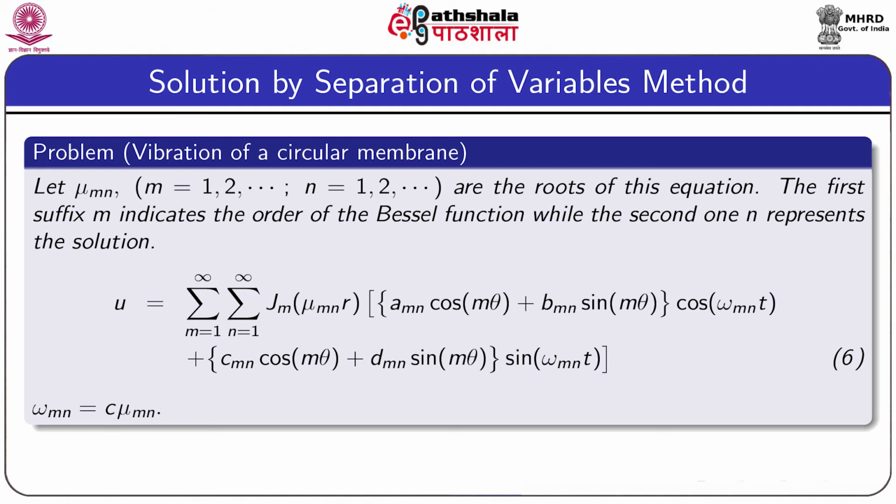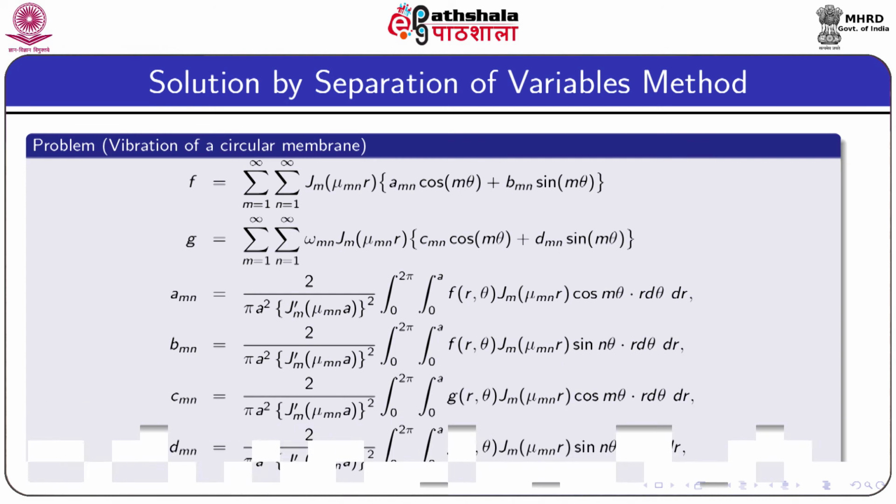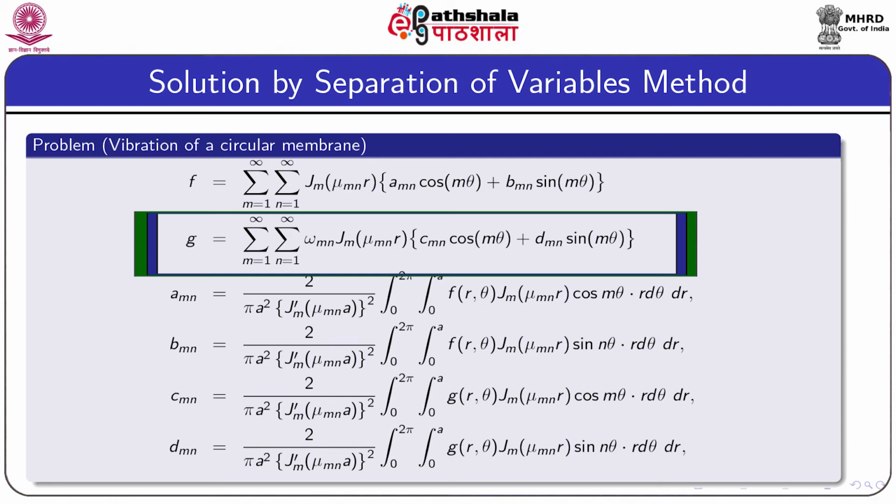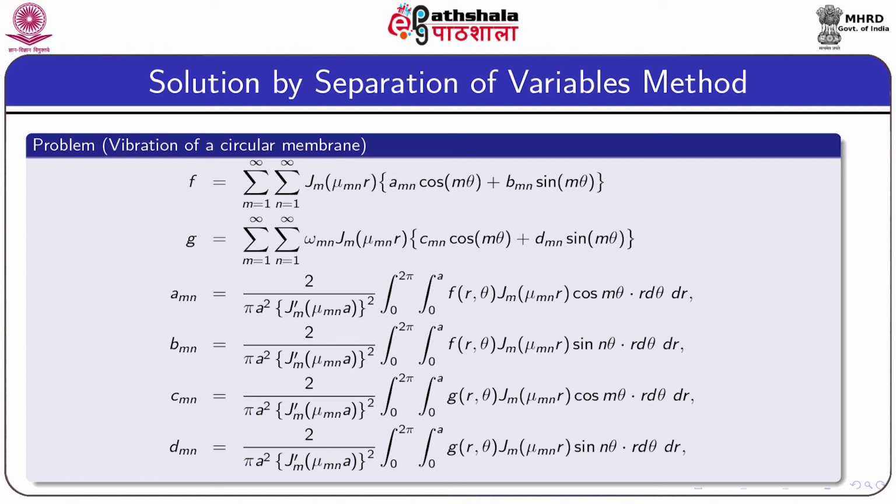Now, in this solution, if you apply the initial condition del u del t equal to g at time t equal to 0, we obtain another expression: g is equal to sum over m, sum over n, omega mn, J m mu mn r into c mn cos m theta plus d mn sin m theta.